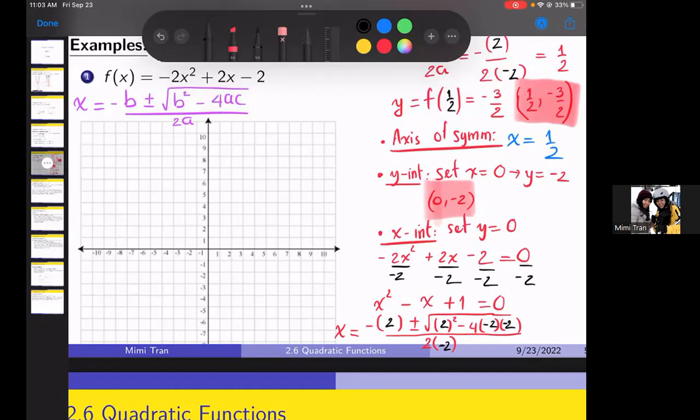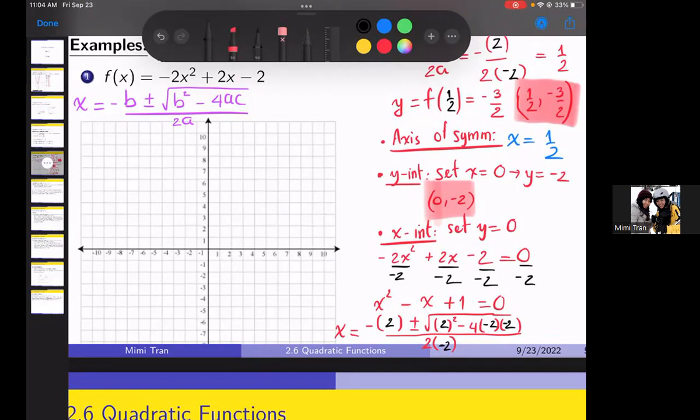What is the value under the square root? 2 squared is 4. I have 3 minus signs, so that becomes a minus, right? So 4 minus 16, which is minus 12. Can I take the square root of minus 12? Well, yes, I can, but it won't be a real number anymore.